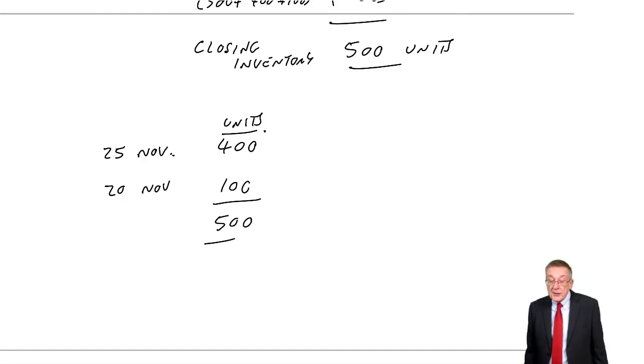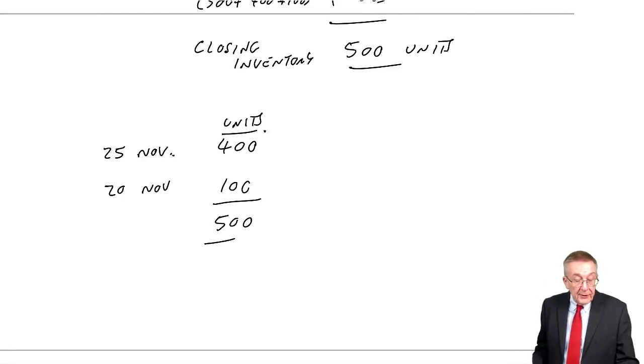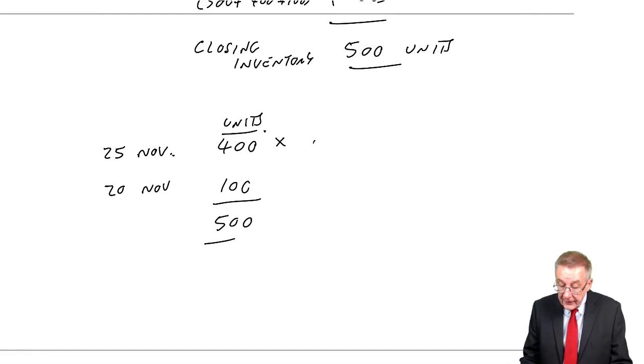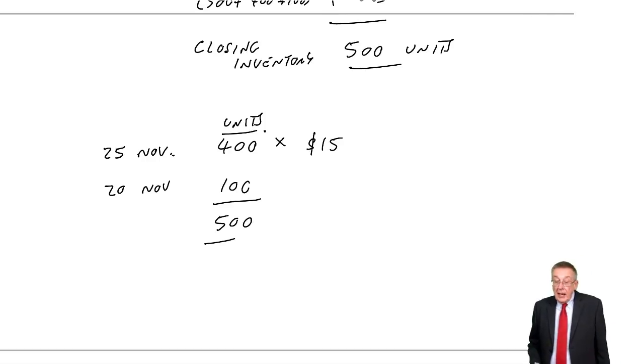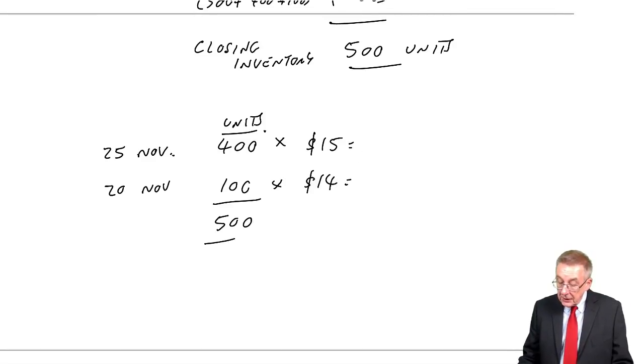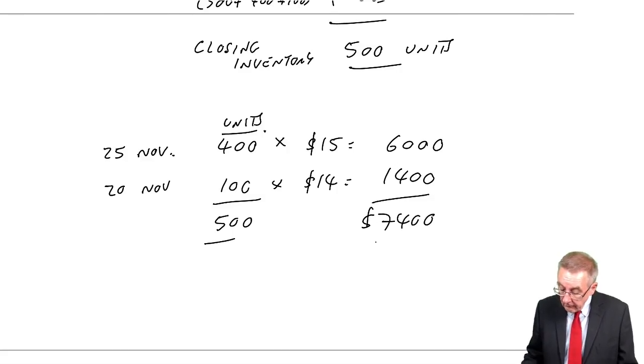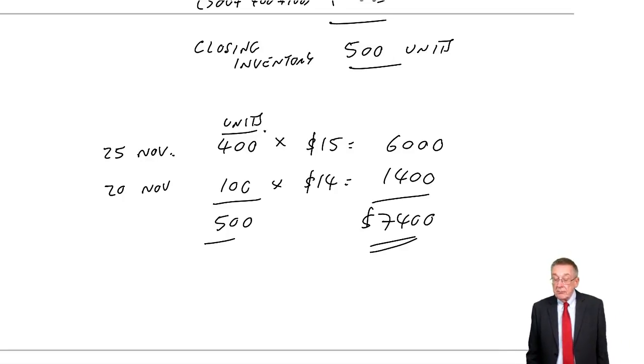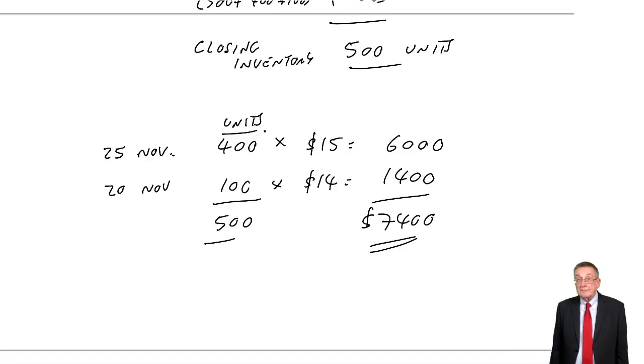And so how much did it cost us? Well, on the 25th of November, those 400 cost us $15. Another 100 must have been bought on the 20th of November, and then they were costing $14. And so the total is $7,400. And there we are.